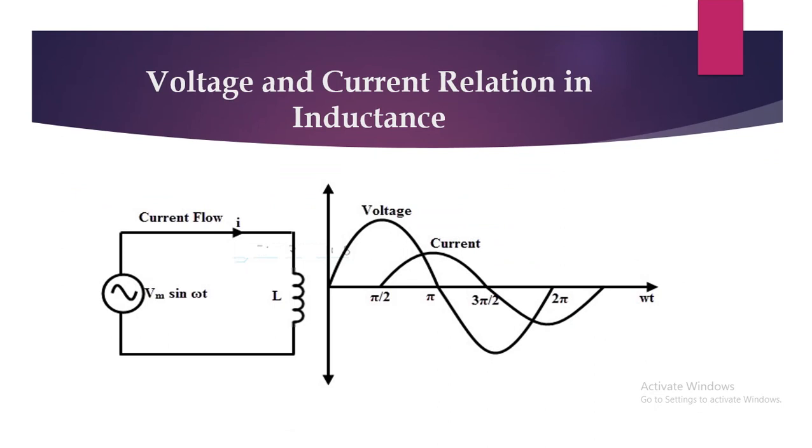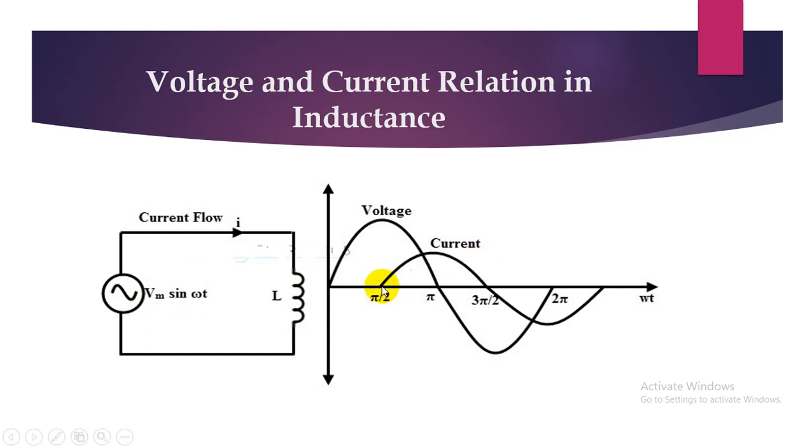So when we apply an AC supply, an AC signal, across an inductor, then current will flow through the inductor, but based on the property of the inductor, the current flowing through the inductor is not allowed initially. That's why, immediately after applying the voltage, the current won't flow.